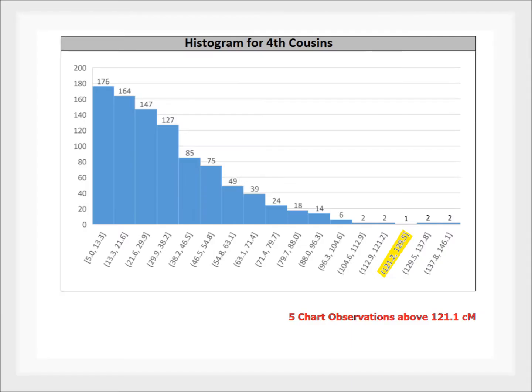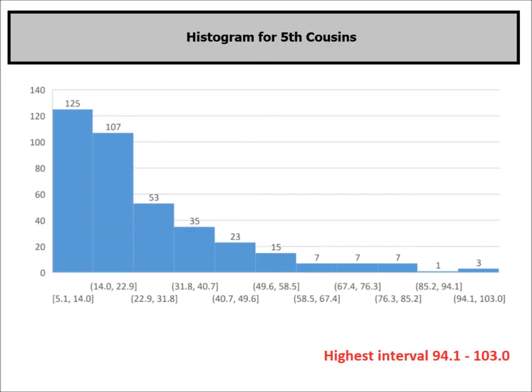On the fourth cousin histogram, less than 1% of all observations are near or above 124 Centimorgans. On the fifth cousin histogram, the highest observation is between the intervals of 94 and 103.